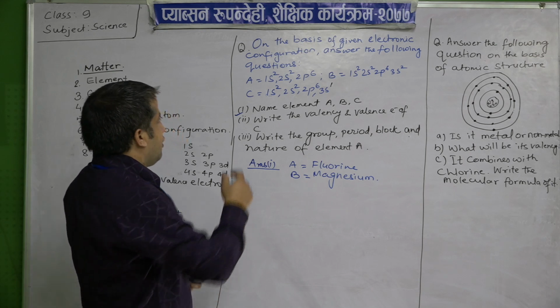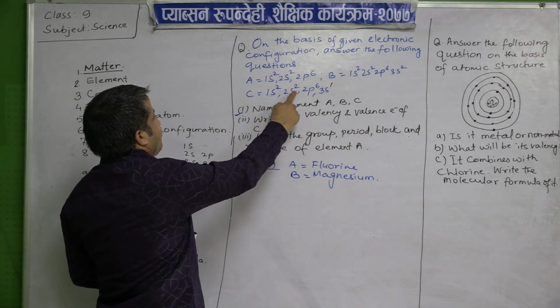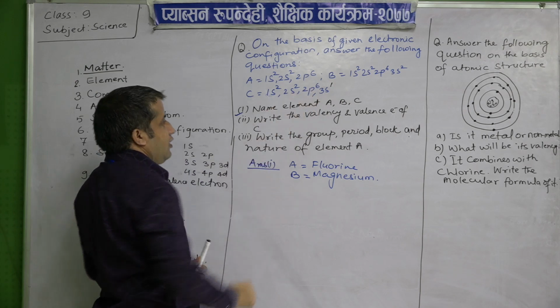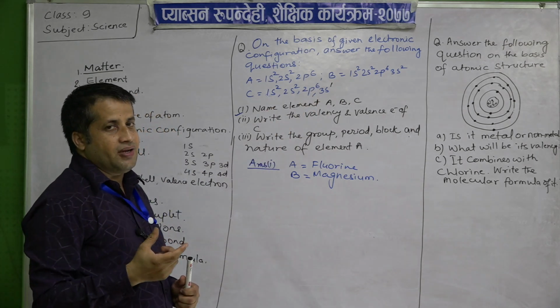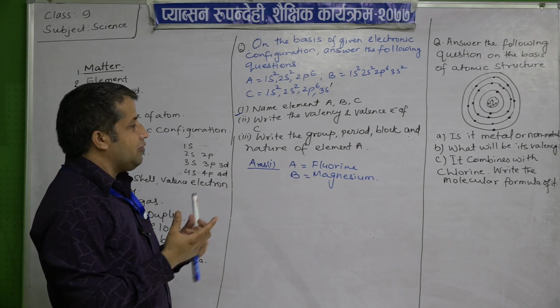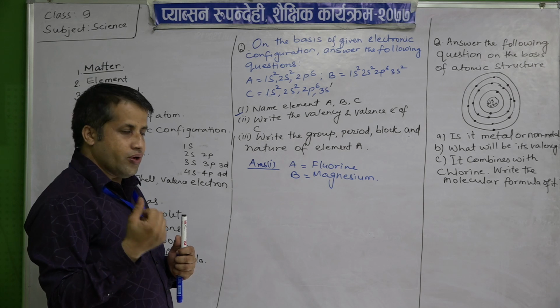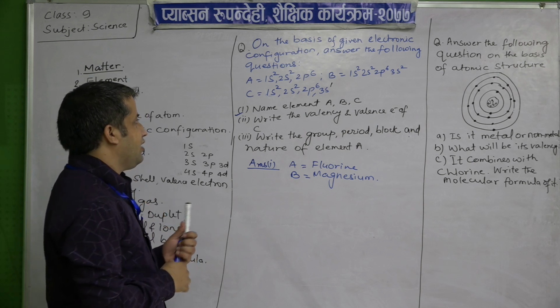Then 1s2, 2s2, 2p6, 3s1: 2 plus 2 is 4, plus 6 is 10, plus 1 is 11. The atomic number is 11, and 11 is the atomic number of sodium. So you will write sodium.